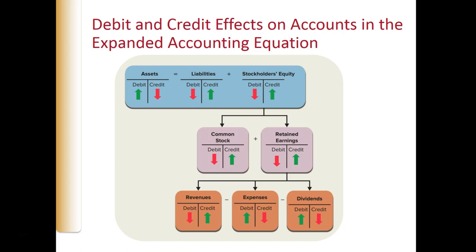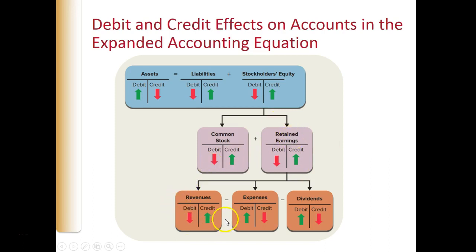Now, if we break it down a little farther, we know the income statement, which is revenues minus expenses. Revenues increase our retained earnings, don't they? So when we add revenues, we increase our retained earnings.